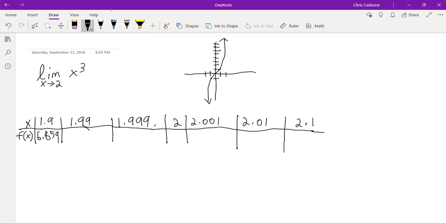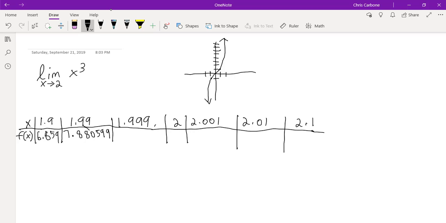If we put 1.99 in, we get a value of about 7.880599.